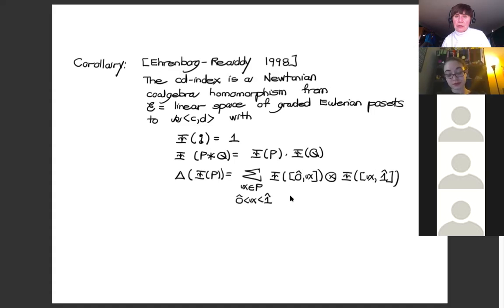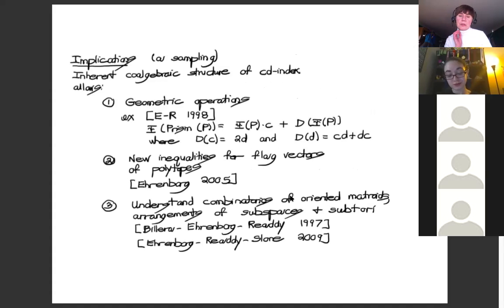So let me just mention one in passing. For example, this coalgebraic structure of the CD index, with Ehrenborg, we looked at the prism and pyramid operations, and we actually showed that if you take a polytope and take its prism, like we had that hexagonal prism, you can find its CD index by simply taking the hexagon's CD index times C, plus applying a certain derivative to this CD index.